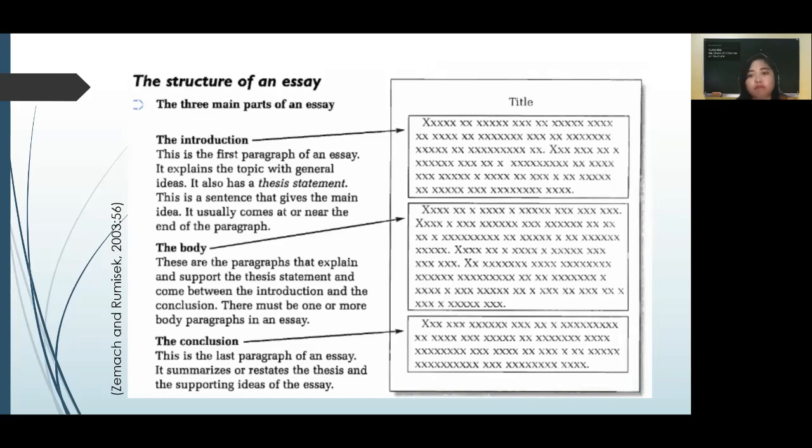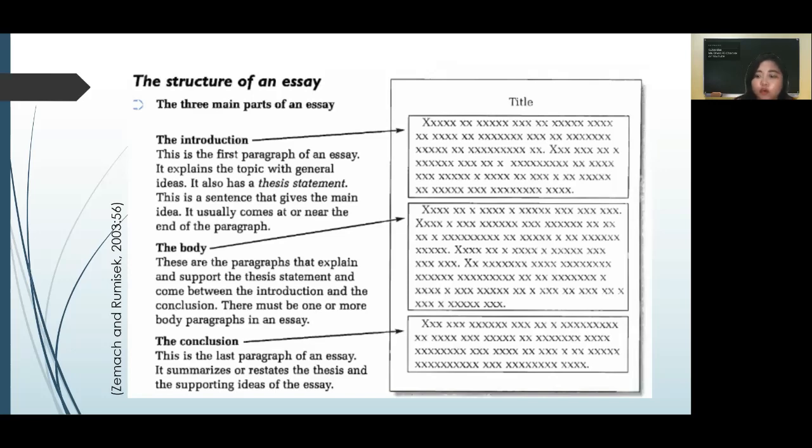The way you write a concluding paragraph is rather the same as the way you write a concluding sentence, but this is a paragraph, not a sentence. Previously, in a paragraph, we had a concluding sentence, but here we have a concluding paragraph in an essay.